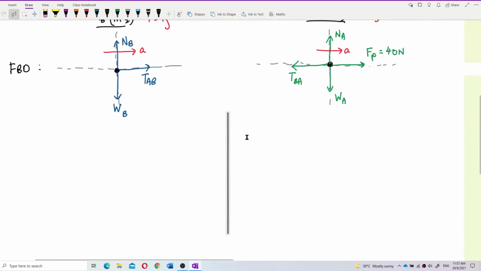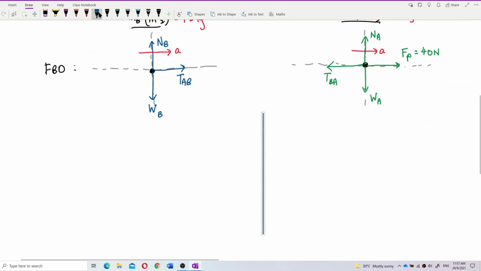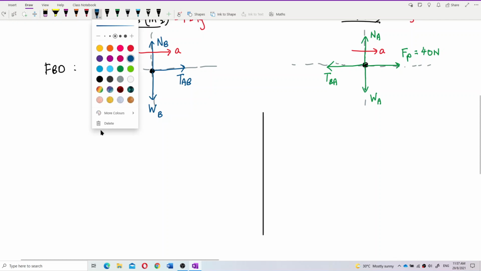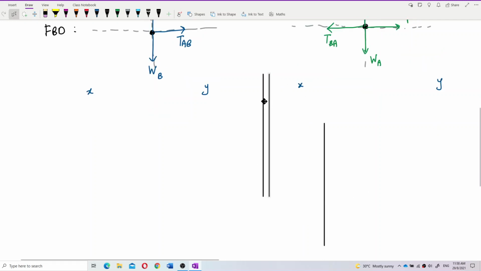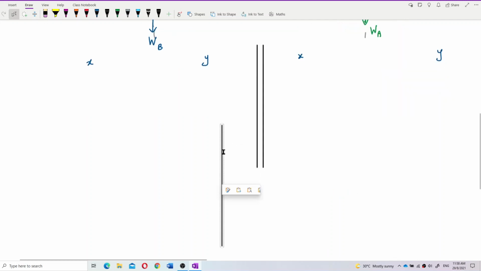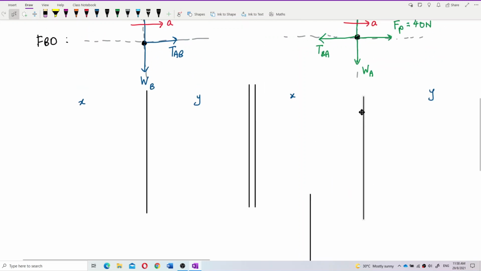Actually, you can do x component and also y components for both, you know that.